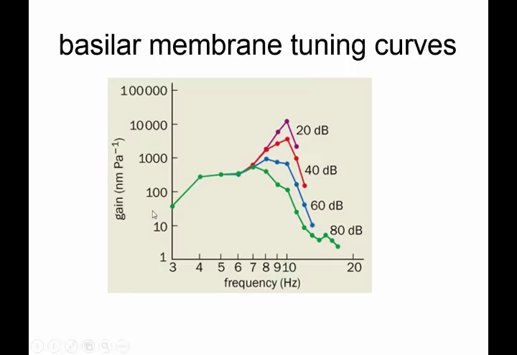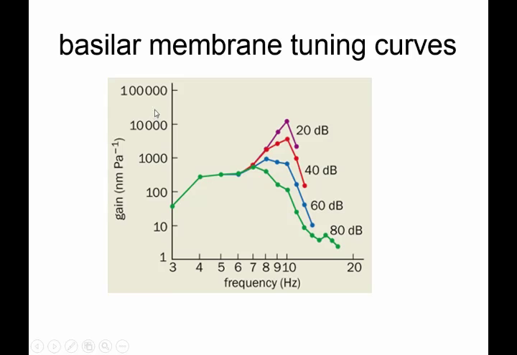It measures at different amplitudes, in different colors, and at different frequencies, the response at this place. And we plot the gain, which is the ratio of response between one and the other.